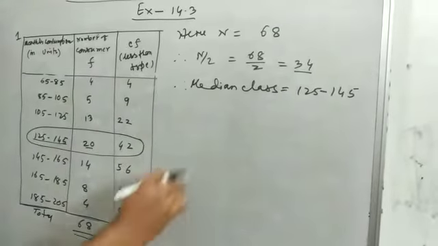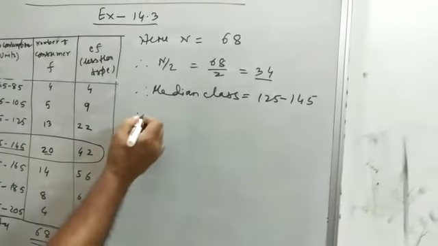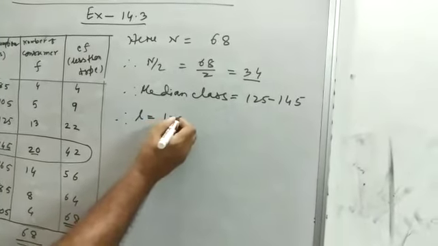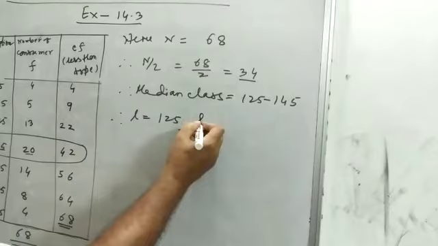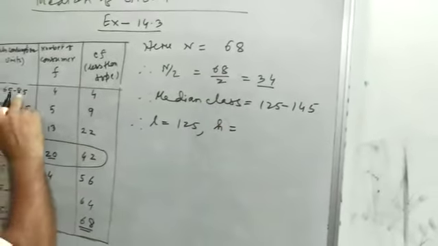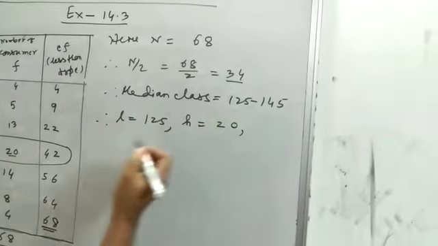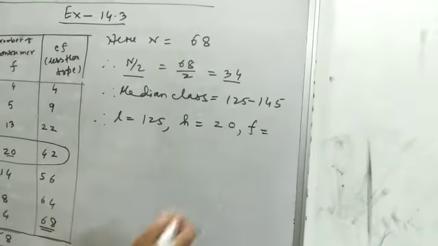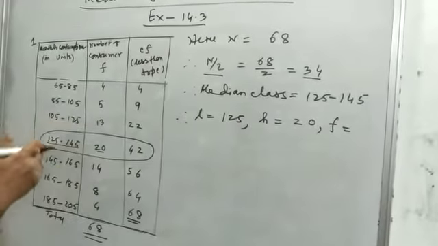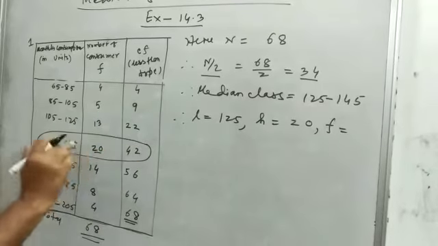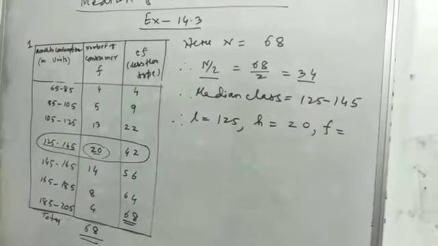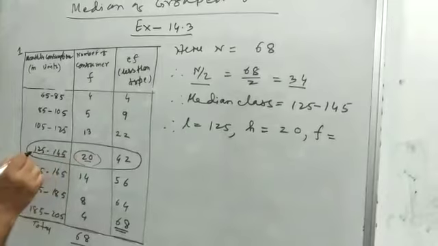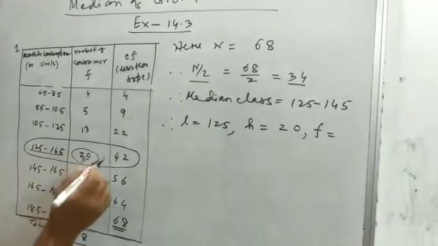If we got the median class, then we find the terms: L, the lower limit of the median class, which is 125; then h, here it is clear that h is 20; n by 2 we got. Then the frequency of the median class: we have marked this row, and whatever the frequency in this line, that is 20.